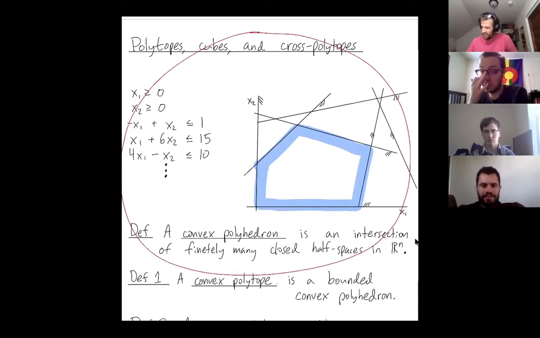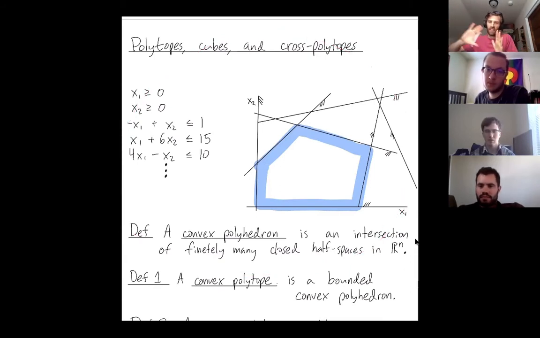Maybe let me try to draw the center of the ball a little bit closer to the center. Okay, I found some ball that has a finite radius, and the ball contains my polyhedron, and so therefore my polyhedron is bounded. So it just doesn't go off to infinity. So a convex polytope is a bounded convex polyhedron.